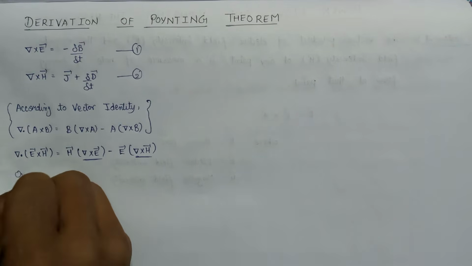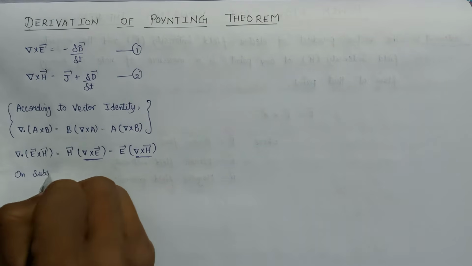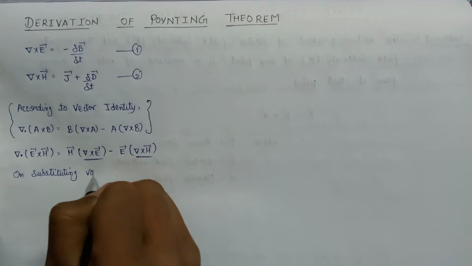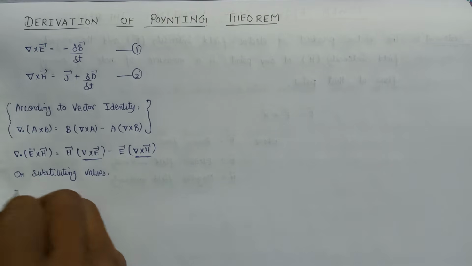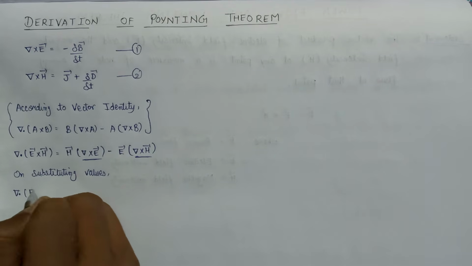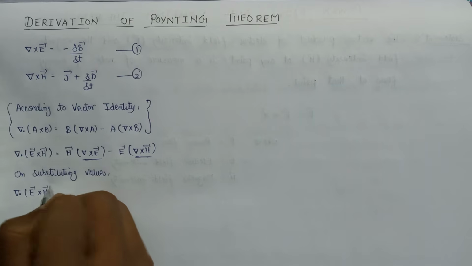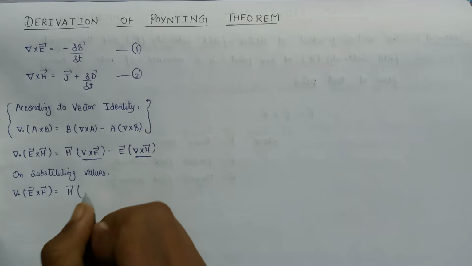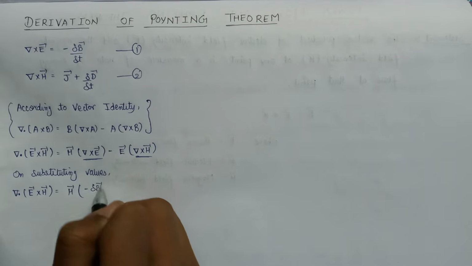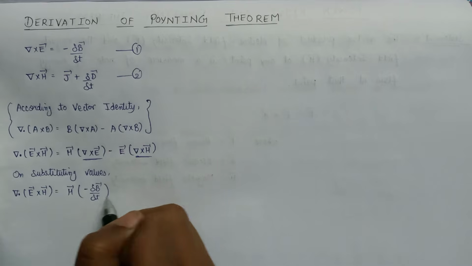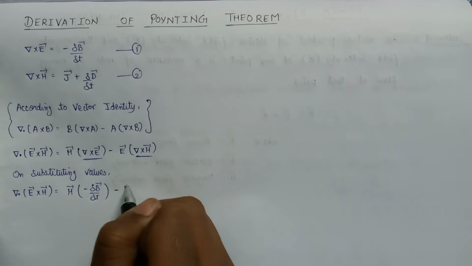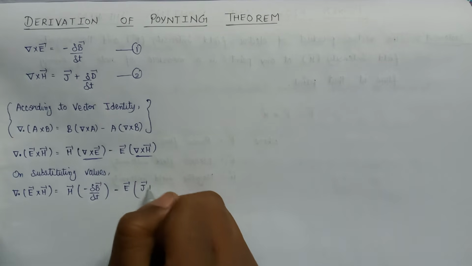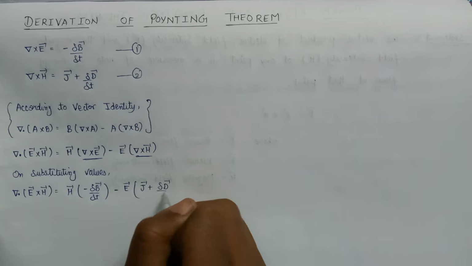On substituting the values, we have del dot E cross H equals H multiplied with minus del B by del T, minus E multiplied with J plus del D by del T.